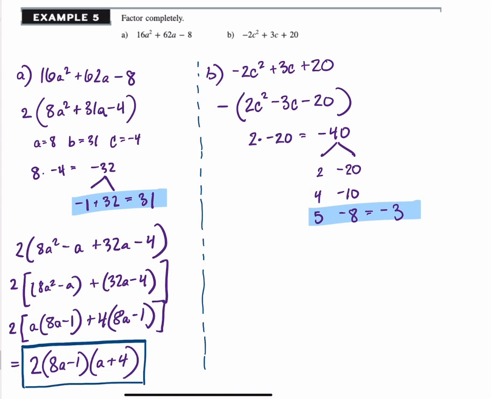So let's write this. We still have that negative in front. And let's go ahead and put these in two groups as well. So the first two terms would be 2c, well, without using parentheses yet, I suppose, 2c minus, or I'm sorry, 2c plus 5c minus 8c minus 20. So we can put these into two groups.